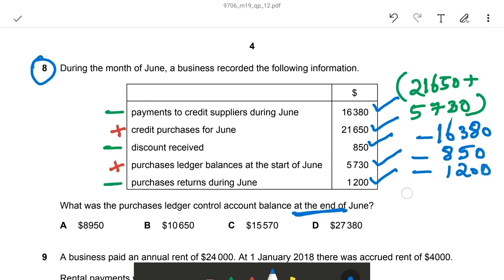How much does it come to? 8,950. So what is the correct answer? The correct answer is A.